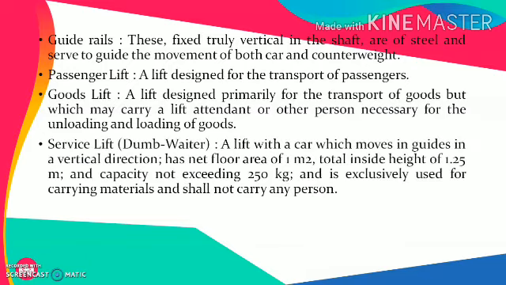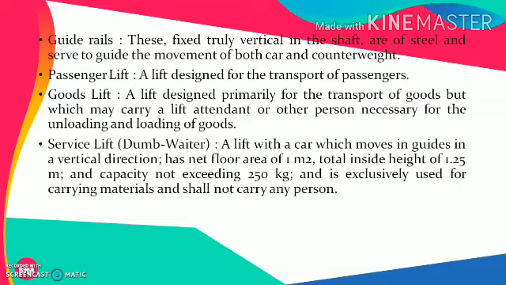Next is a service lift, which is also called a dumbwaiter lift. It is a lift with a car which moves in guides in a vertical direction but has a net floor area of around 1 square meter and total inside height of 1.25 meter. So it is a very small box with very little capacity, like 250 kg or so, and it is extensively used for carrying material and not for any person.